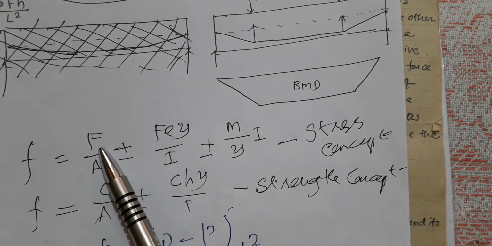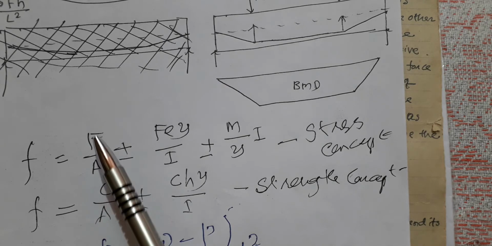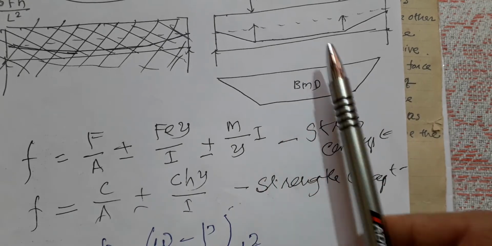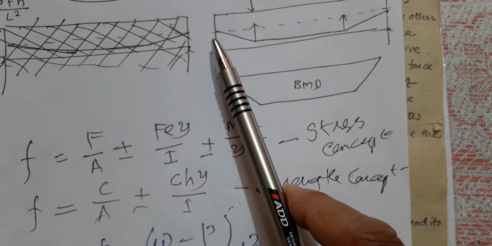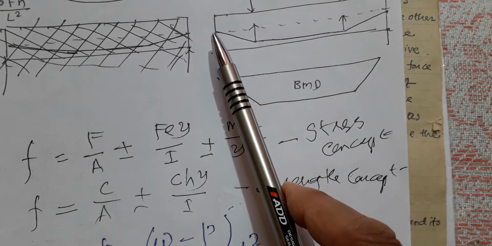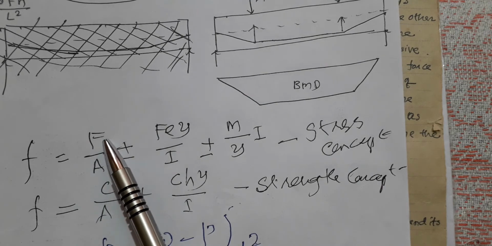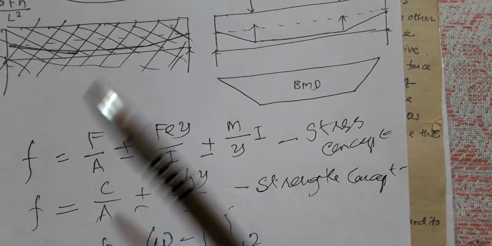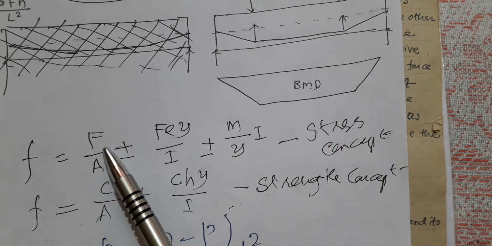Initial pre-stress means whenever I apply the pre-stress to the beam, whenever I transfer the pre-stress to the beam, that initial value of the pre-stress I will call the initial pre-stressing force.